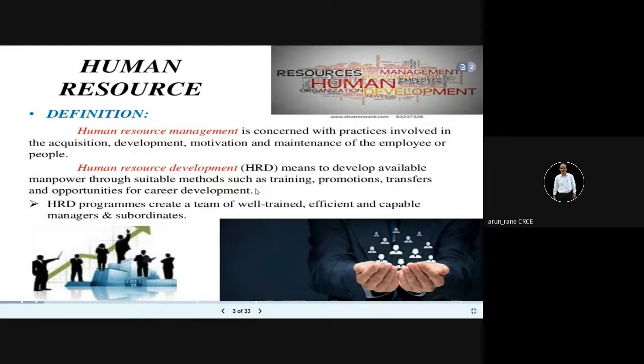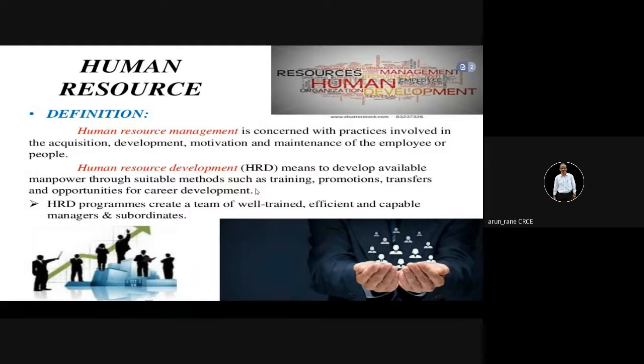Instead of recruiting people from outside, and that's why with most of the MNCs like L&T, it is very difficult to get a job at the middle level. If you see, most of the people join, even the chairman.